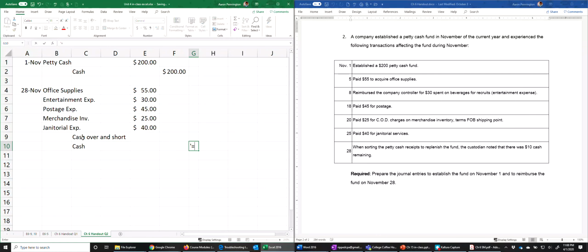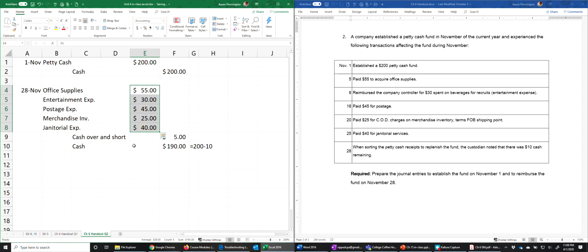All right. So the fund balance is $200. The problem tells you there's $10 in the box, so that's going to be $190. All right. And so we need the 5 because we had $195 worth of expenses. There's our plug to make the entry balance.